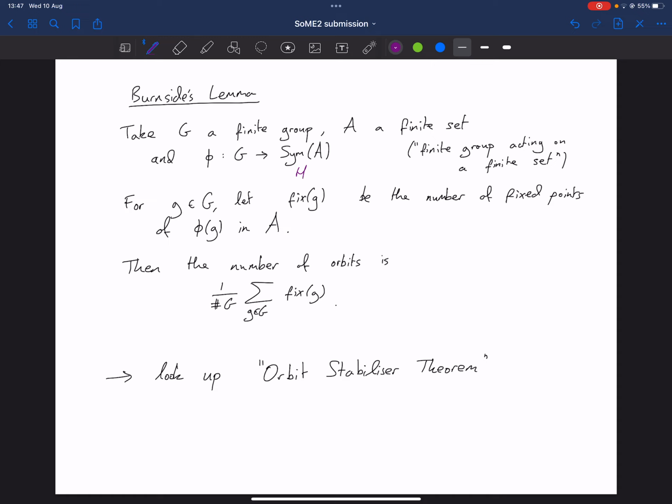The proof would work exactly the same, basically. And that result is Burnside's lemma.